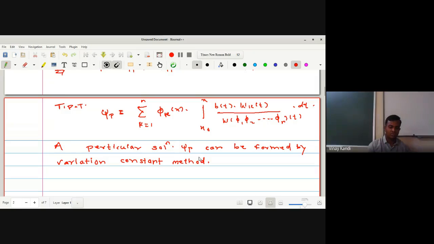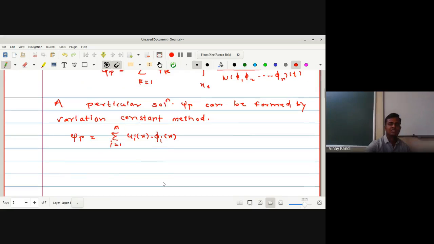What is the variation of constants method? We assume that psi p is equal to summation i running from 1 to n of ui of x into phi i of x. So this is the variation of constants method. We have to find the values of u1, u2, up to un.